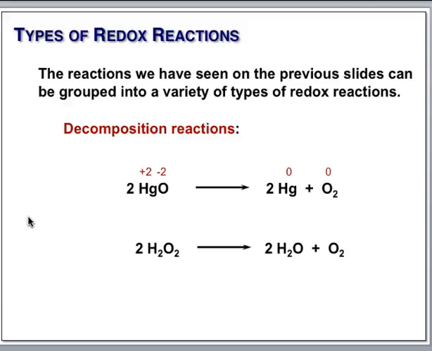Which element loses electrons? Oxygen, to go from -2 to 0, must lose 2 electrons, right? That's actually why they call it oxidation, because oxygen is the primary oxidizing agent around.